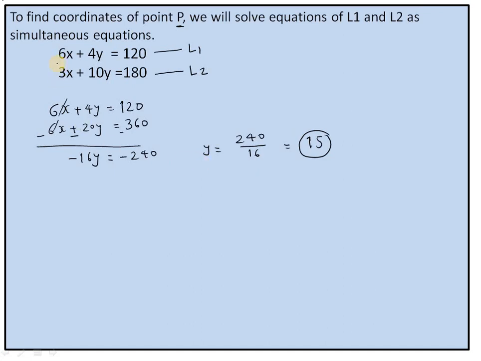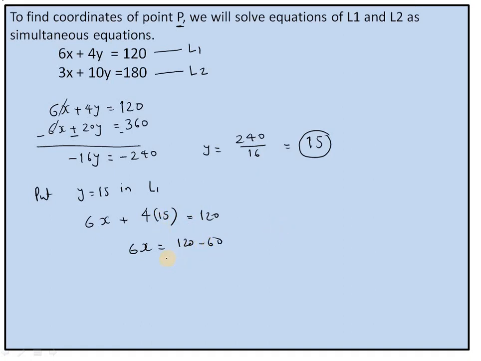Now I put this y in one of the equations. Put y is equal to 15 in L1. So 6x plus 4 into 15 is equal to 120. So 6x will be equal to 120 minus 60, that is 4 into 15.